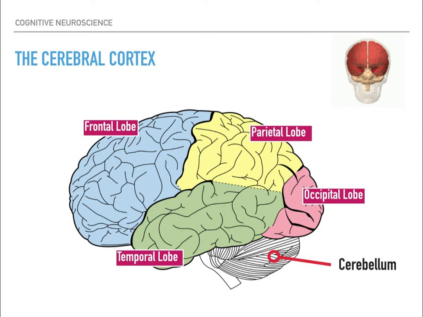Now, the cerebral cortex is divided into 4 lobes that each have somewhat overlapping but also specific and unique functions. There is a frontal, temporal, parietal and occipital lobe. I've also marked on here at the bottom right hand side the cerebellum, just in case you're wondering what the stripy region is at the bottom.